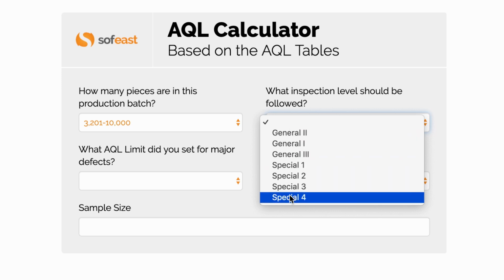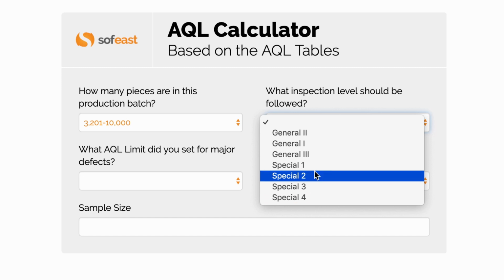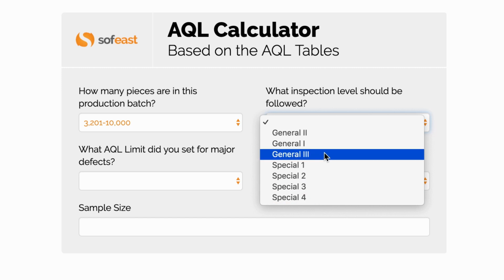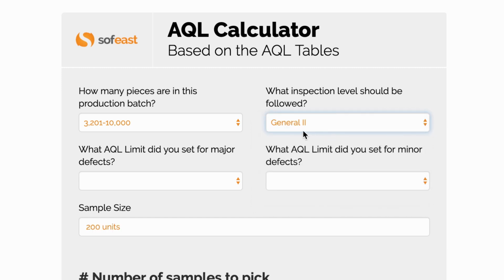And I won't explain these special levels, but we have another article about this. We can show a link to this under this video. So let's say general level 2, so we already know 200 units. It means that the inspector will have to pick 200 units out of this total number.